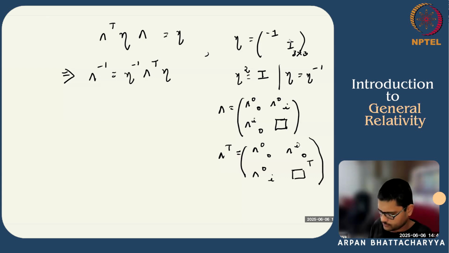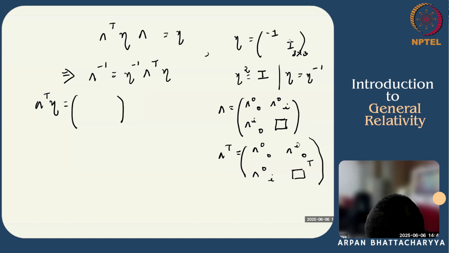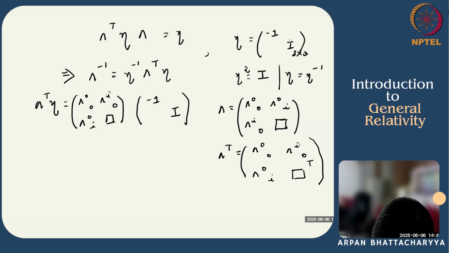Okay. Now if you multiply these two terms, then what we will get? Lambda 0 0, lambda I 0, and then this part times this diagonal matrix. So first entries will be minus lambda 0 0, row column multiplication.